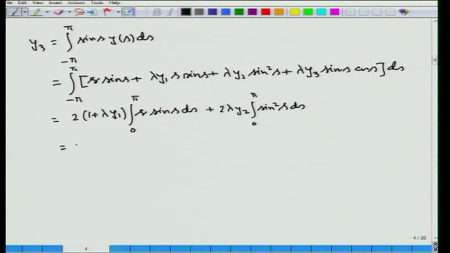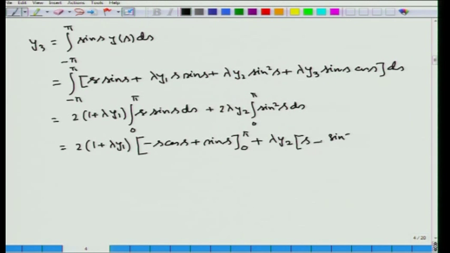And after evaluating this integral, we can find 2 into 1 plus lambda y 1, then limit minus s cosine s plus sin s, 0 to pi, plus lambda y 2 times s minus sin 2 s divided by 2, limit 0 to pi, and this will result in 2 pi plus 2 lambda pi y 1 plus lambda pi y 2. This is the result.